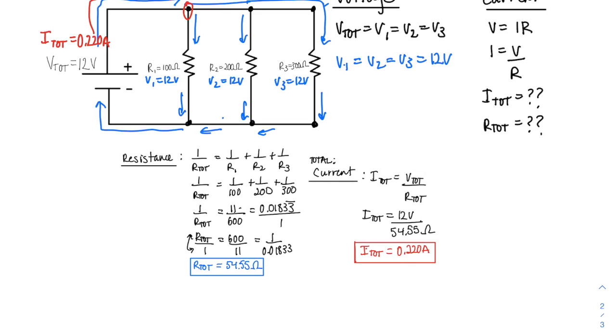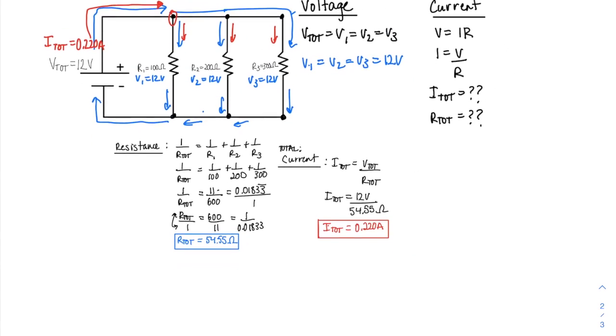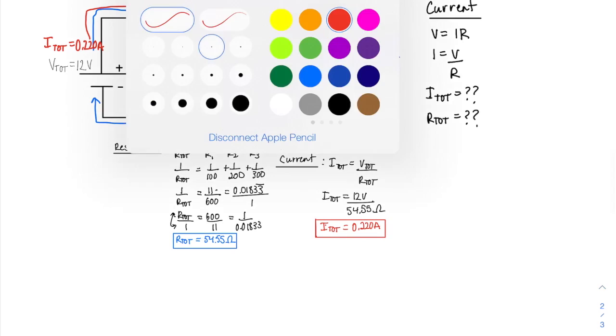We could use proportions here, but we don't want to do that. We want to stick with Ohm's law. So we have to look at what the voltages and resistances are at each of these resistors, and we can use Ohm's law to help us solve. So let's do that now.